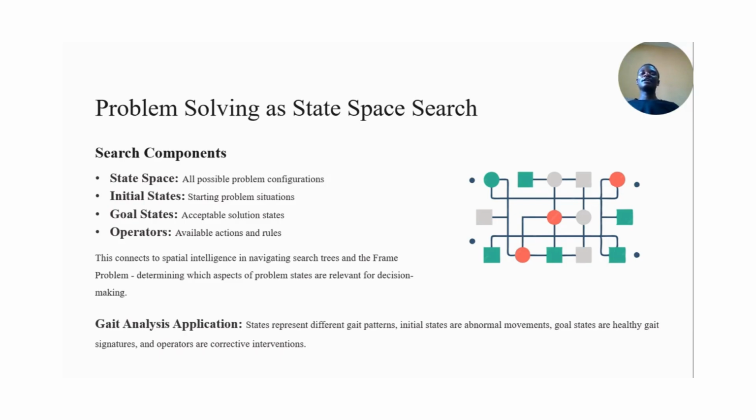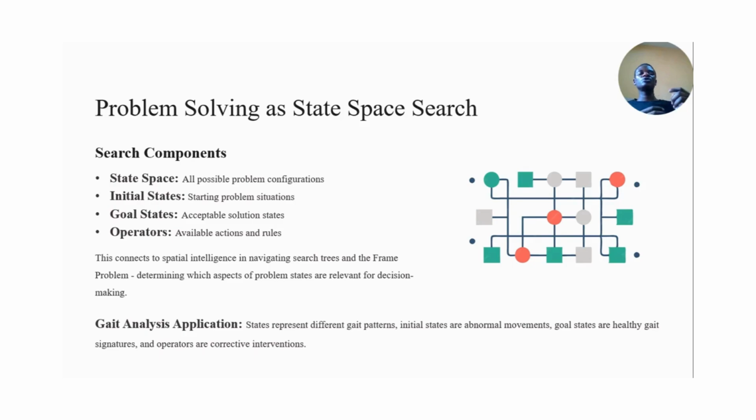So with that said, in simple terms, you can look at problem solving as a state space search. You look at a problem in a way that you can represent it as states, where a transition from one state to another can be achieved using some operators. So when you look at problem solving as state space search, you look at the problem in form of problem states, where a transition from one to the other may lead you to the goal.